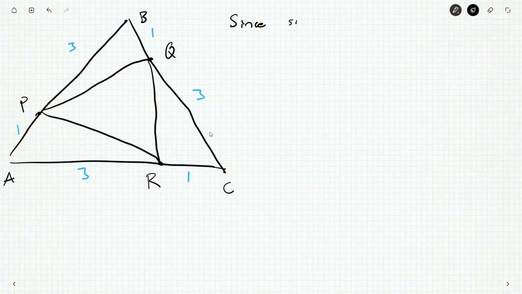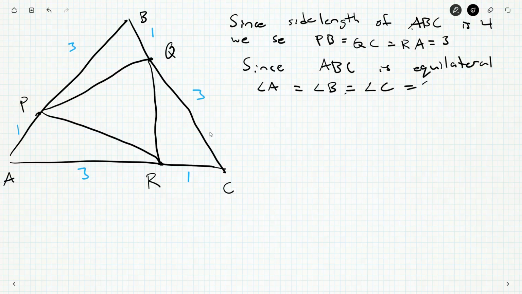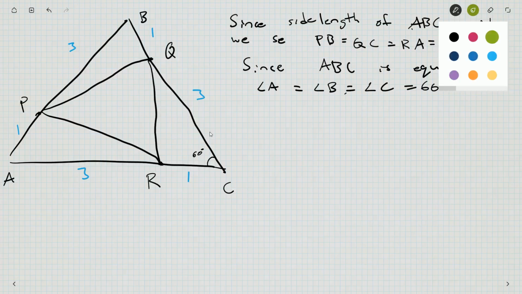So you might say, since the side length of ABC is 4, we see PB is equal to QC is equal to RA is equal to 3. That'd be fine. Another thing I'm noticing is since ABC is equilateral, the angle at A, the angle at B, and the angle at C are all 60 degrees. We'll use a different color for that. We'll make it green.